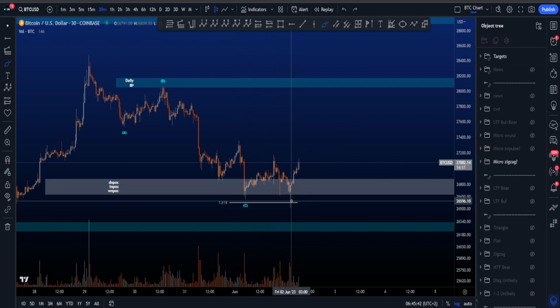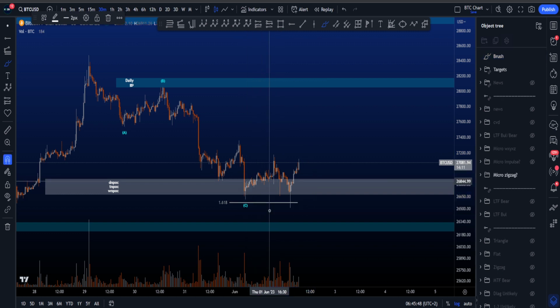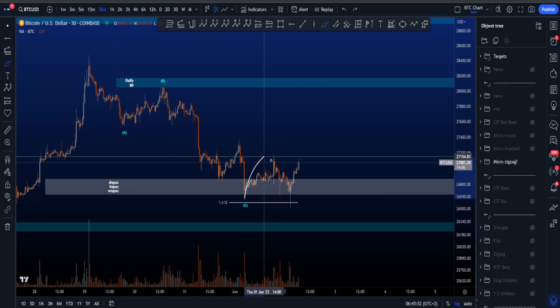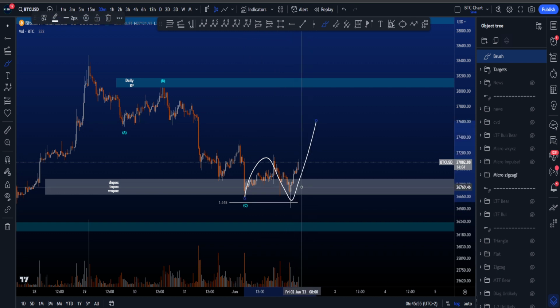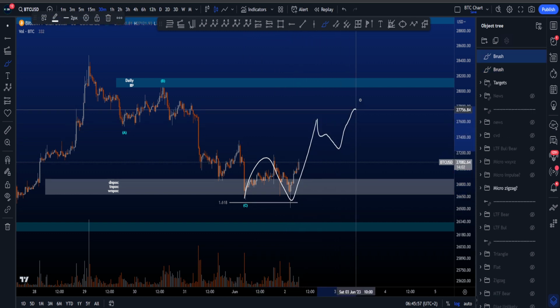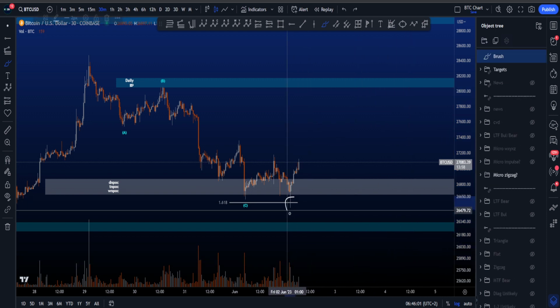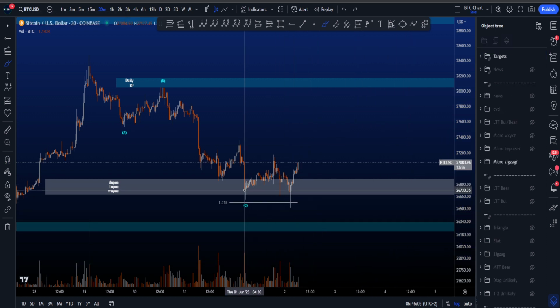So that means that in this scenario, this cannot be an impulsive structure to the upside. This is still part of a bigger corrective structure where this is potentially only the beginning of an ABC. And then this is maybe an expanding flat type of scenario where eventually you get a bit more corrective structures before a continuation to the downside, only because price has taken this low. So this cannot be the beginning of an impulsive structure.